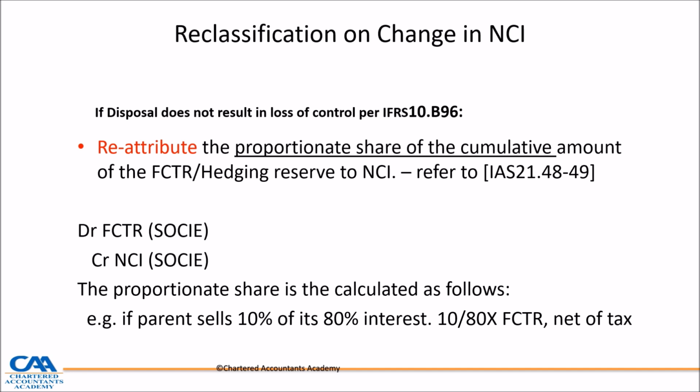What we simply do is to readjust the foreign currency translation reserve. If it was 60%, we're now supposed to be holding 80% since we bought 20% more. So in other words, we have to reapportion, taking away from NCI a portion of the reserve they're sitting with, giving it to the parent. And that is called reattribution. And it's covered by IAS 21 paragraphs 48 to 49.